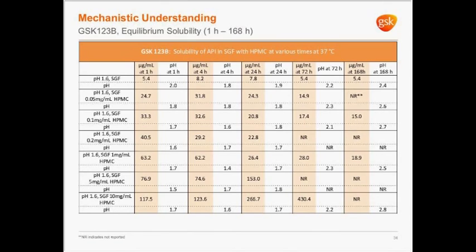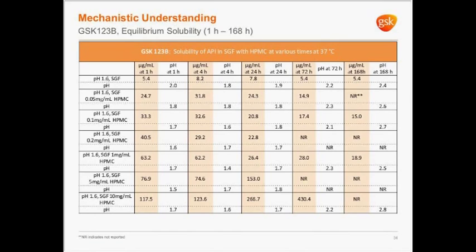This data is equally interesting, though there's a lot more data on the screen, so I apologize for that. Here what we're seeing is that the equilibrium solubility is established in about 1 hour, and that's just in the presence of SGF alone, with no HPMC. In small amounts of HPMC concentration, up to about 0.2 mg per mil, the solubility decreases over time and then reaches equilibrium solubility sometime between 24 hours and 3 days.